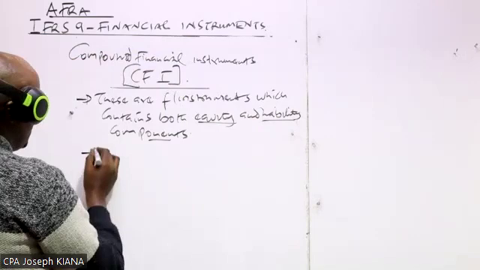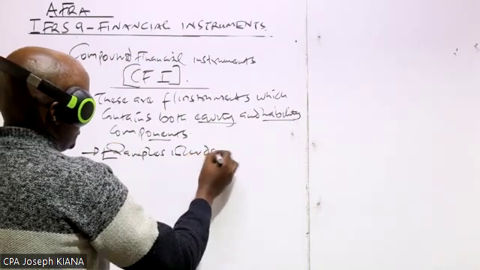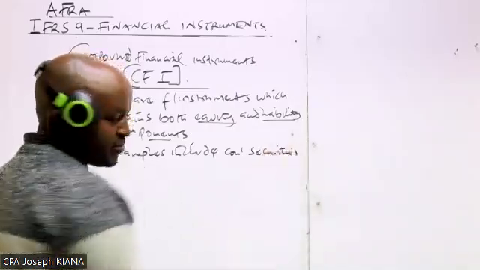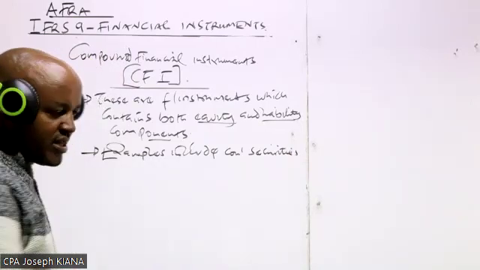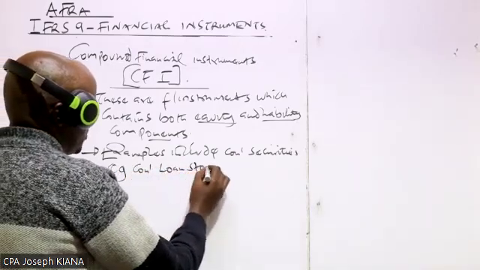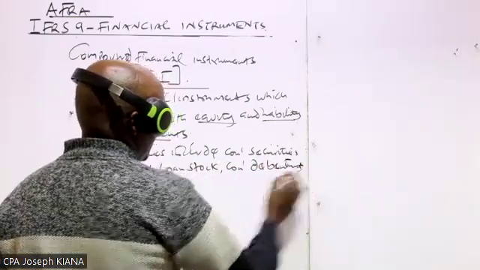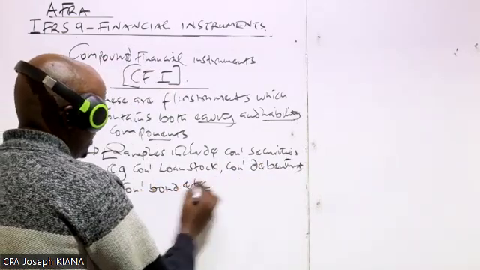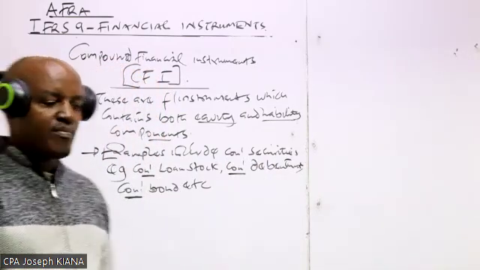So what are good examples of this? Examples include convertible securities or convertible financial instruments, e.g. convertible loan stocks, e.g. convertible debentures, e.g. convertible bonds, etc. So anytime you see the word convertible, that is a good example of a compound financial instrument.